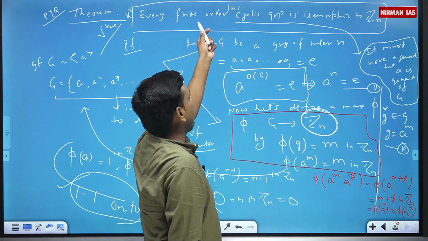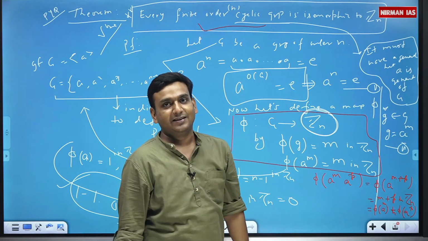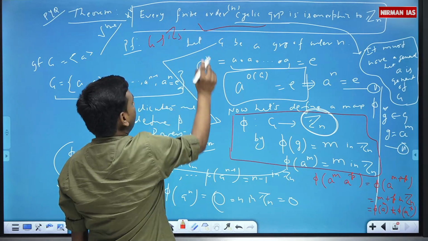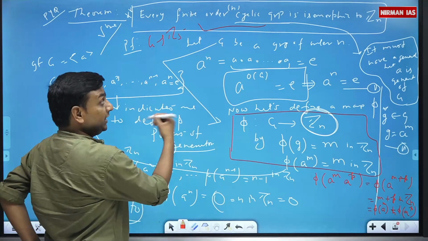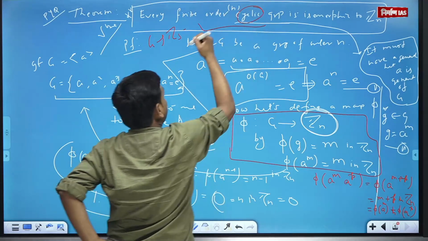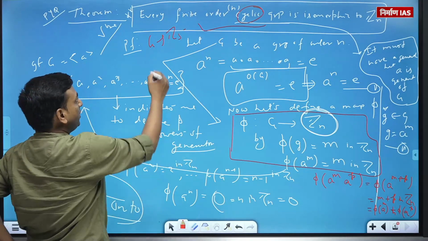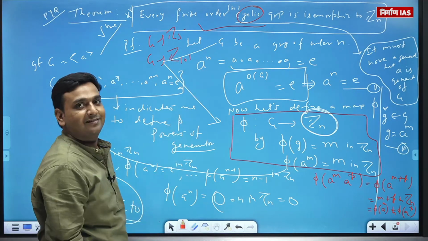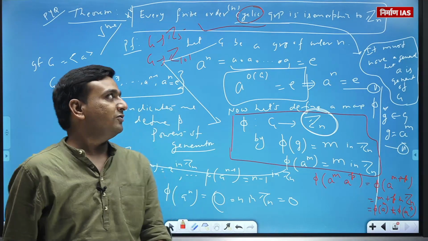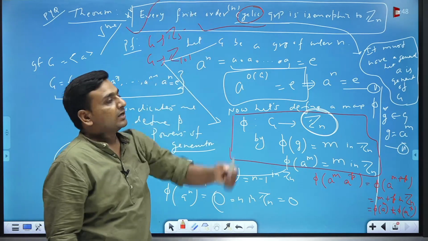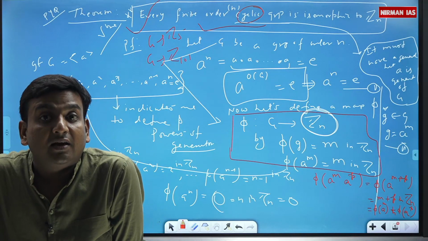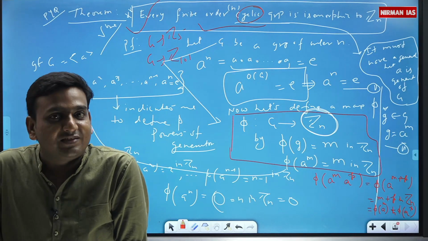Let's say G is a cyclic group of order 5. Then G will be isomorphic to Z5. Let G be a cyclic group, please highlight cyclic, of order 101. Then G will be isomorphic to Z101. So on. So please do remember this statement: every cyclic group of finite order n is isomorphic to Zn.